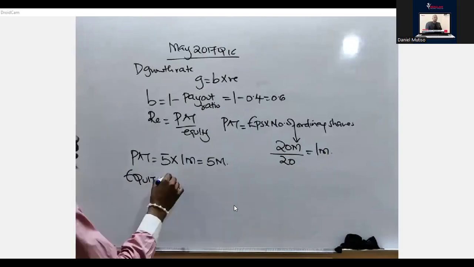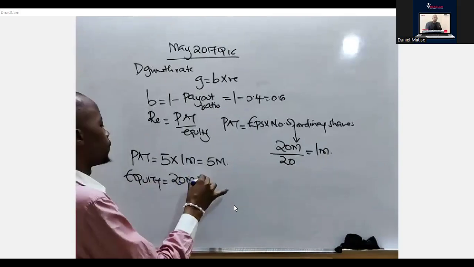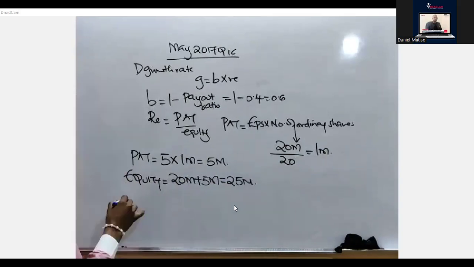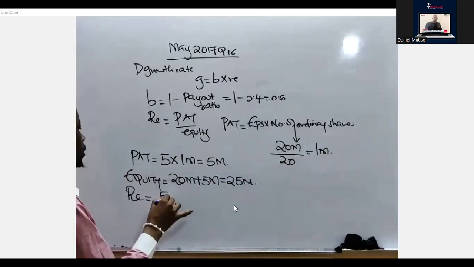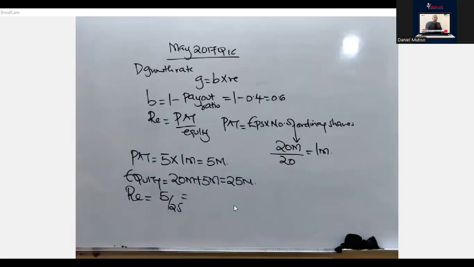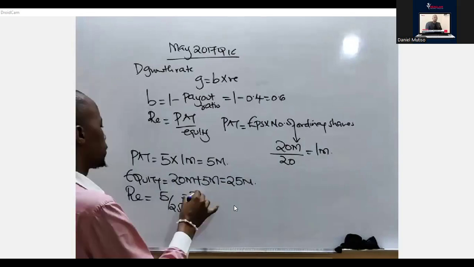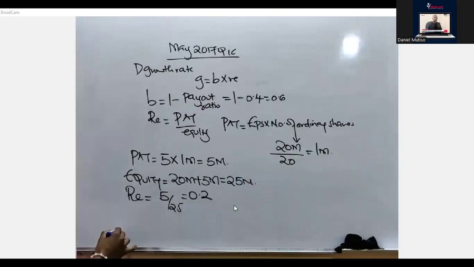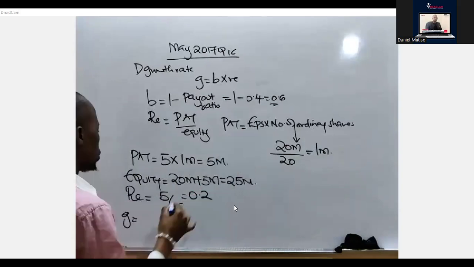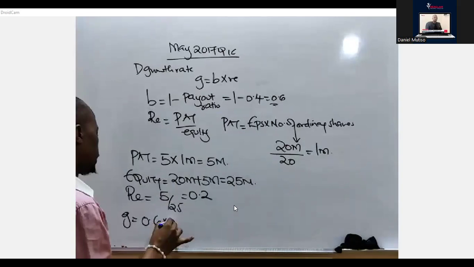So 20 million plus 5 million, getting 25 million. Therefore, the return on equity is 5 million divided by 25 million, which is 0.2. So to get our growth rate, we take 0.6 times 0.2, getting 12%.